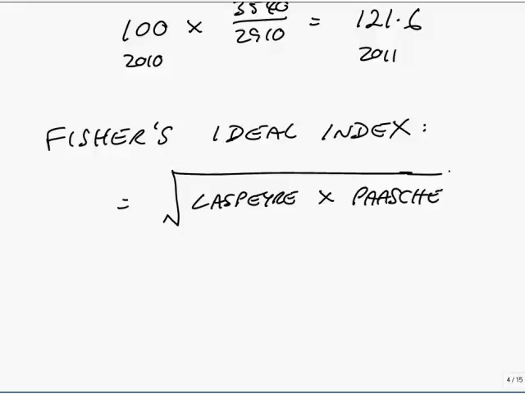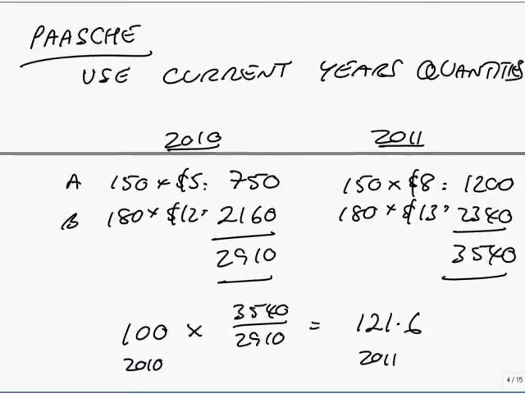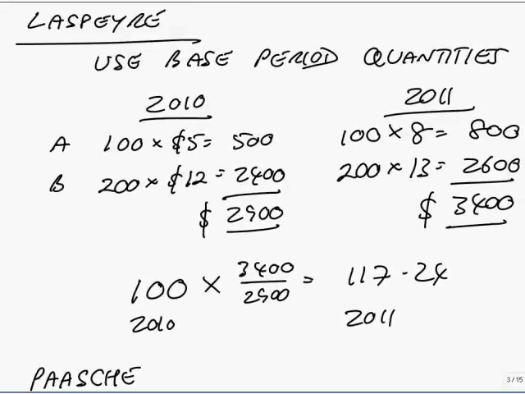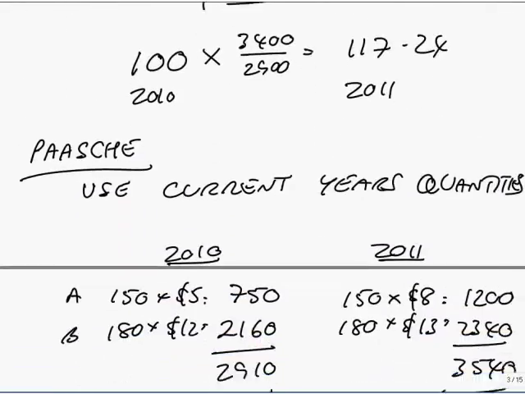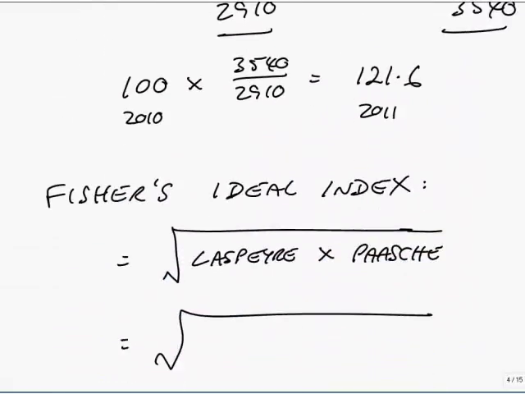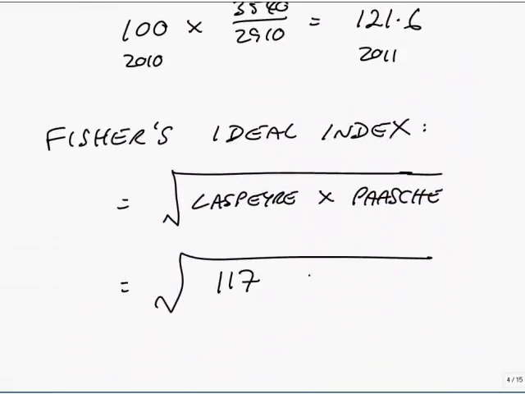So I'll do it because we've got all the figures and it actually takes 2 seconds now. But we worked out the Laspeyres index number to be what? Was that the answer? Yeah, 117. I won't bother about the decimals. To the nearest number, 117. The Paasche index number to the nearest number was 122.